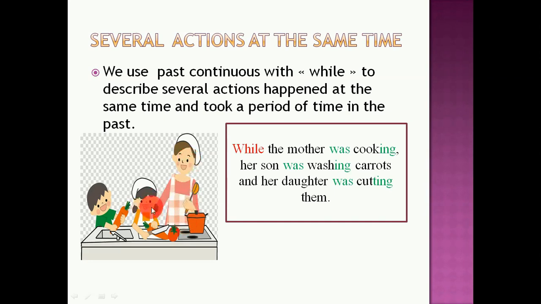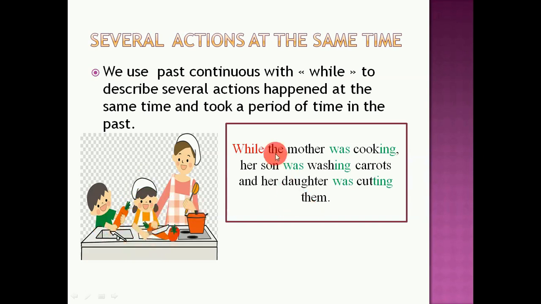At the same time, her son was washing carrots, and her daughter was cutting them. So all of these 3 actions were happening at the same time.